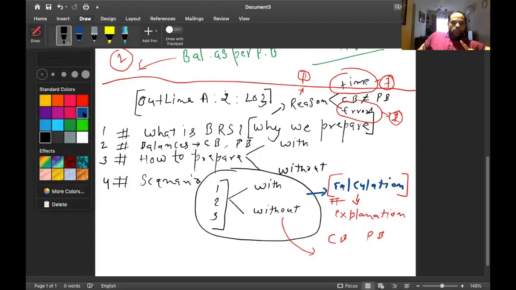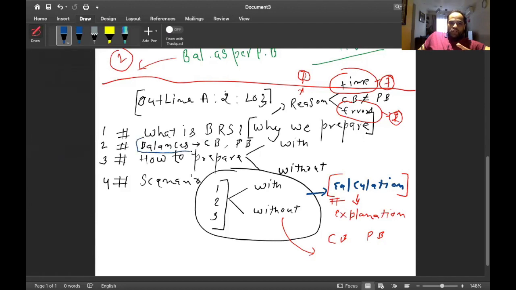In this point, you need to explain what the difference is between the balance of cash book and passbook.